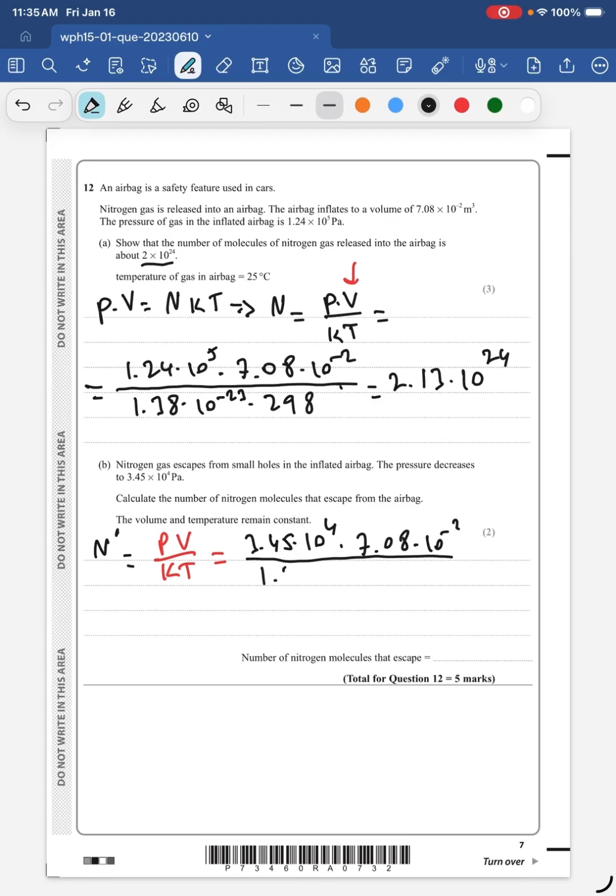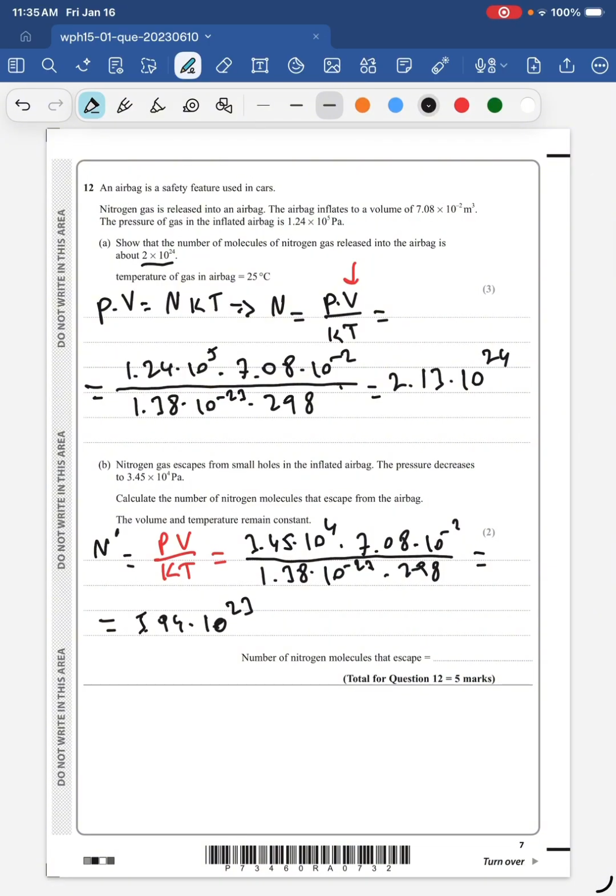Temperature is the same, so 1.38 times 10 to the minus 23 times 298 yields, let's do the calculation again. 5.94 times 10 to the 23rd.